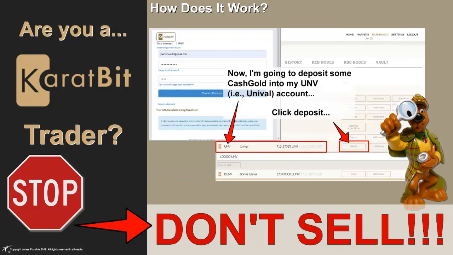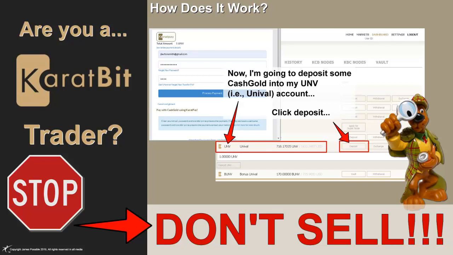Next, we're going to go back to my Karatbit account, and what I'm going to do is click on the deposit button. Now, this is essentially how you transfer Cashgold into your Karatbit Unival wallet.